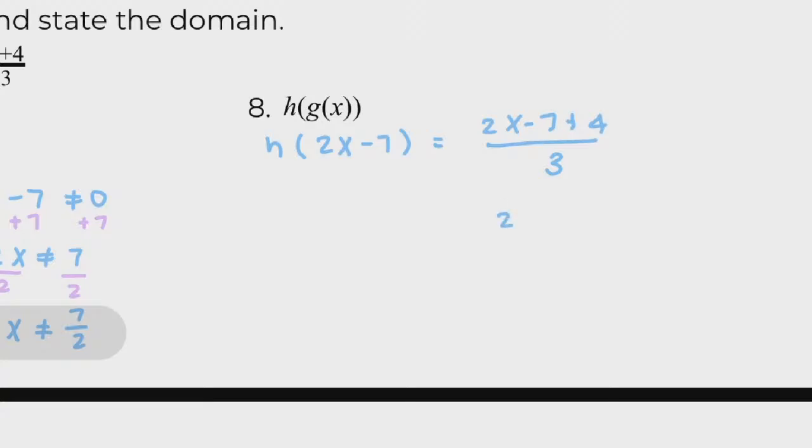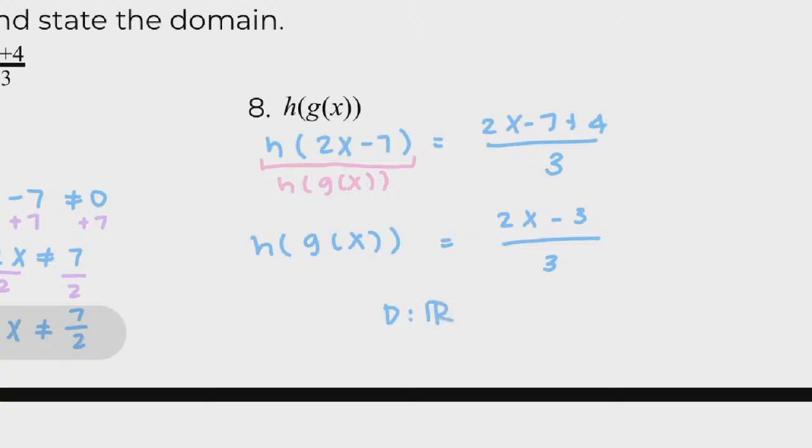So I would get 2x minus 3 over 3. And I'm going to rewrite this as h of g of x. This is just if it helps you instead of writing this, but they mean the same thing. Okay, and then for this problem, x is in the numerator, so the domain would be all real numbers.